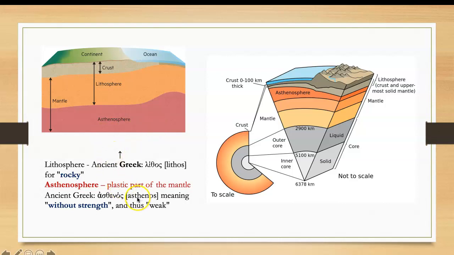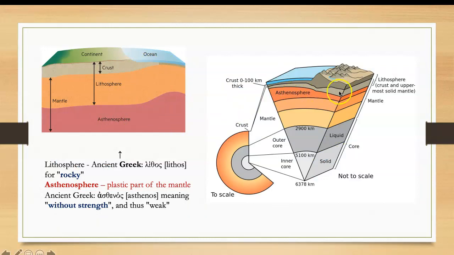And because asthenos means without strength, this layer is not weak but soft and moving. And this is a fundamental part of plate tectonics. It's because this layer is moving.